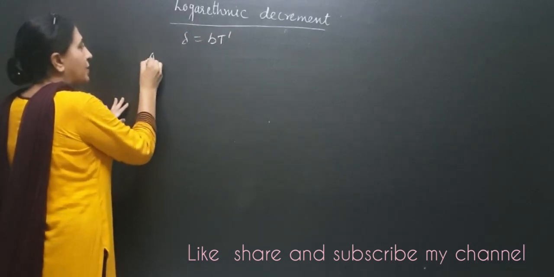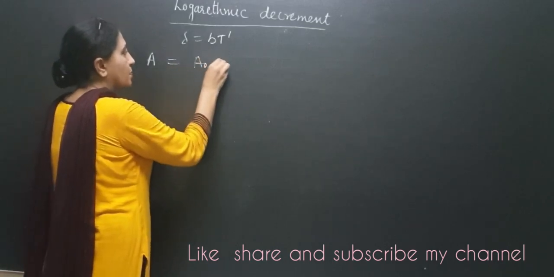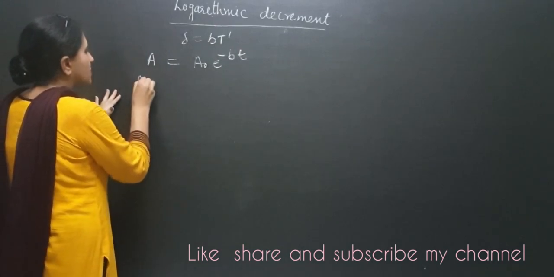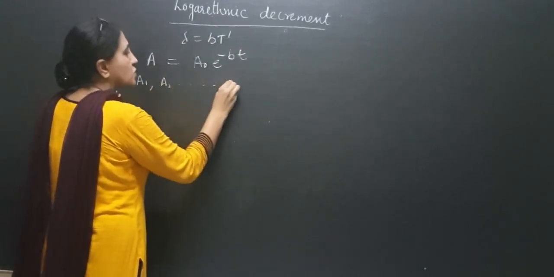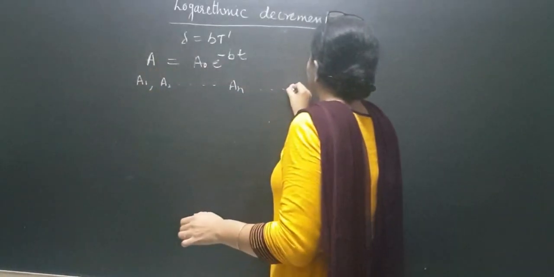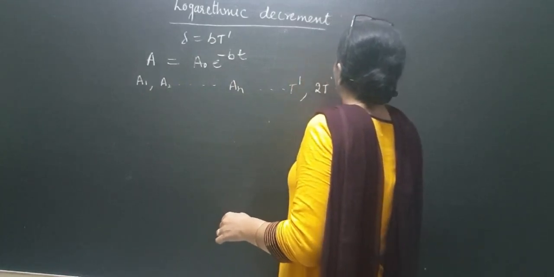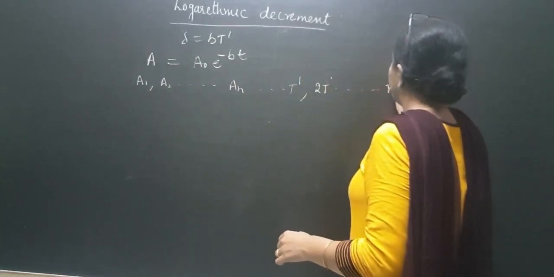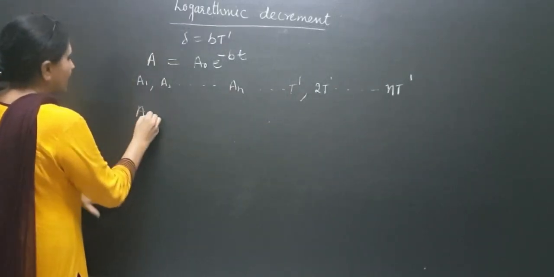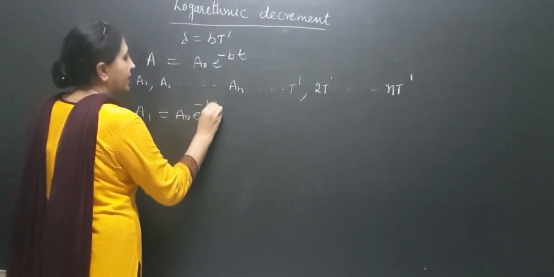Now we know that amplitude at any time t, A is equal to A naught e raised to the power minus bt. Now if you have amplitudes A1, A2 and so on up to An, and the time periods are, for A1, t', for A2, 2t', and for An, nt'. Then putting the values, A1 is equal to A naught e raised to the power minus bt'.